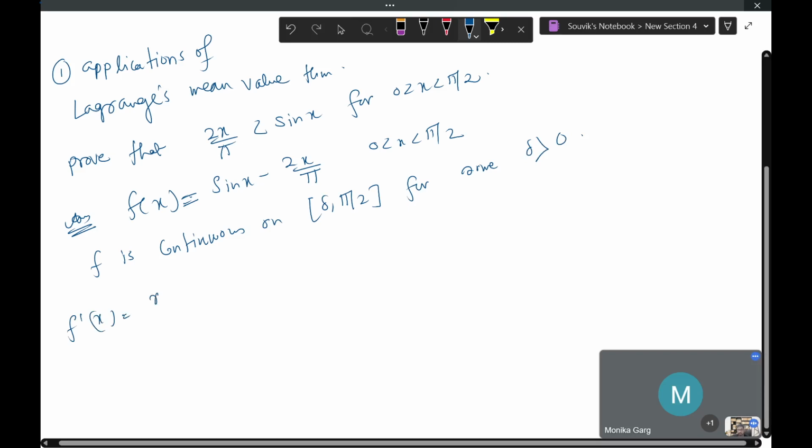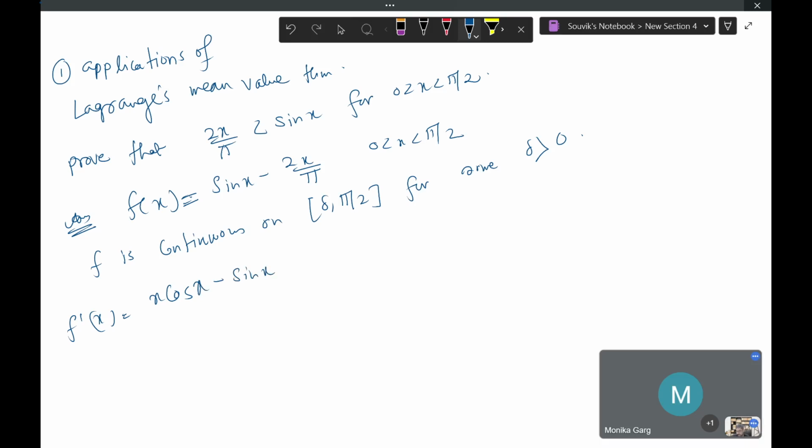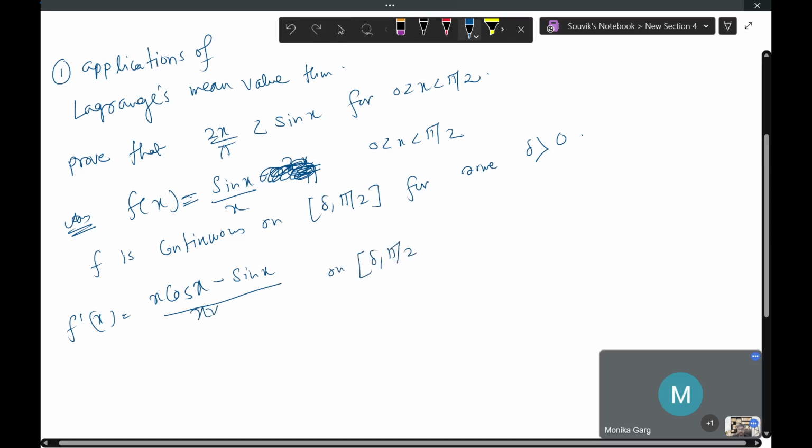So put f'(x)... Sorry, it's my mistake. We should take f(x) to be sin x by x, not 2x by x. So f'(x) is equal to (x cos x minus sin x) by x squared on [delta, pi by 2].